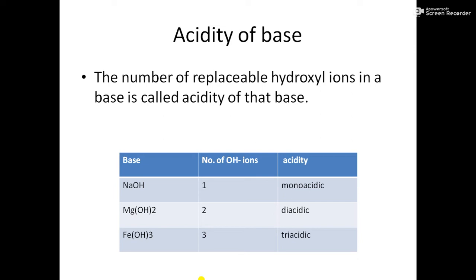Now look at the third, Fe(OH)3. How many hydroxyl ions? 3. That's why it is triacidic. The number of replaceable hydroxyl ions in a base is the acidity of that base.